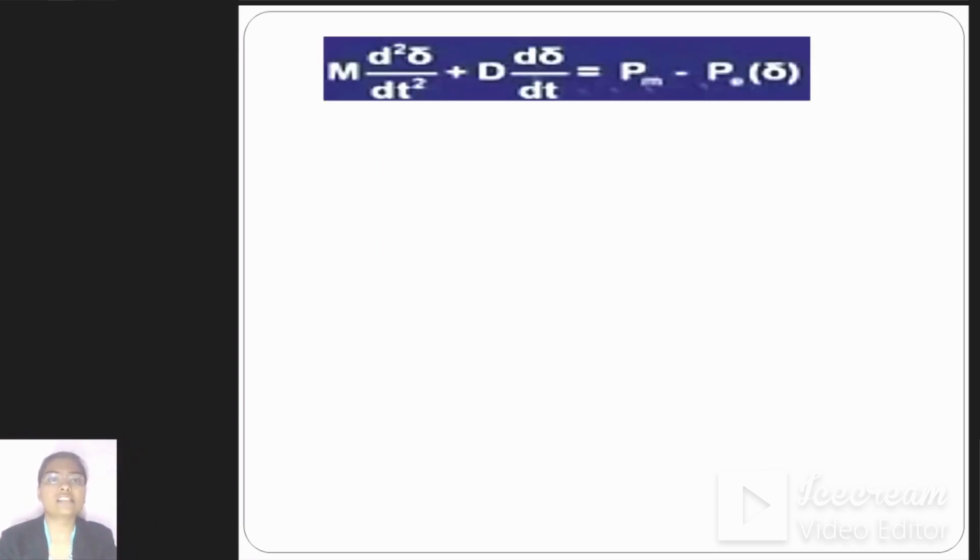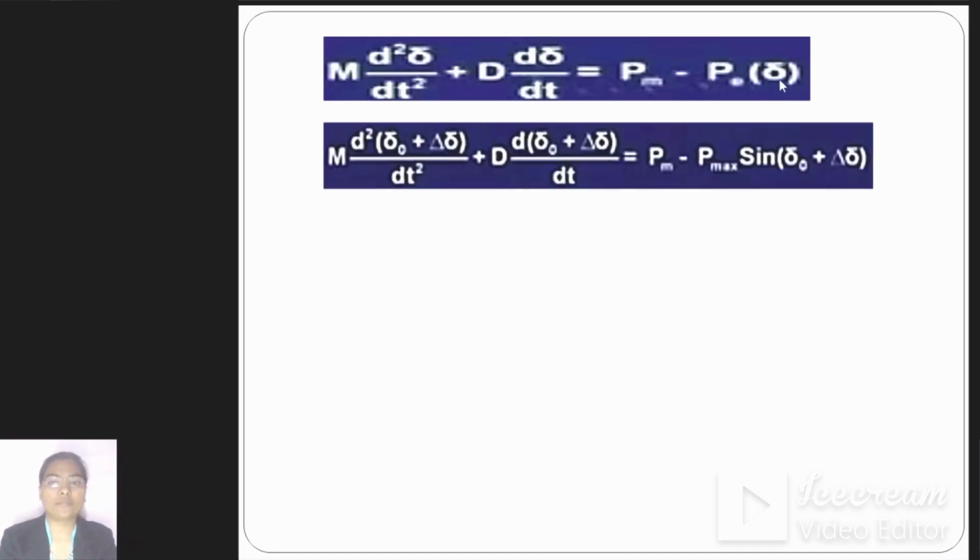So writing the same swing equation, that is M d squared delta by dt squared plus capital D d delta by dt equal to Pm minus Pe. Here electrical power is a function of delta.